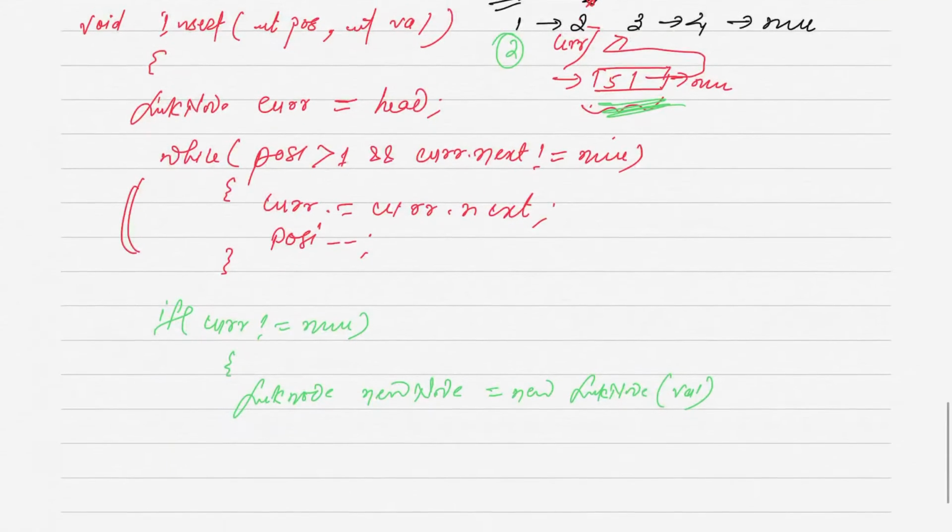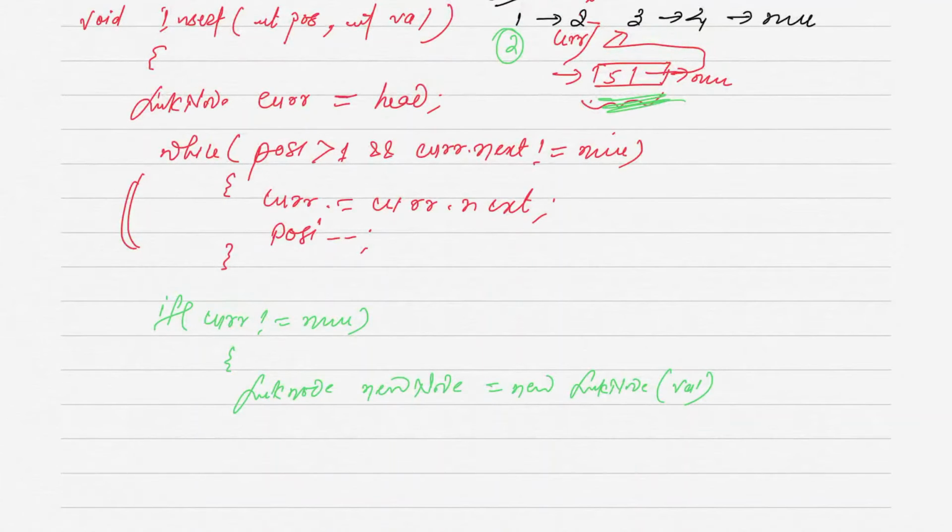As I discussed, I will ask the new node to point to the next node where current is pointing. The current.next is going to refer to the new node.